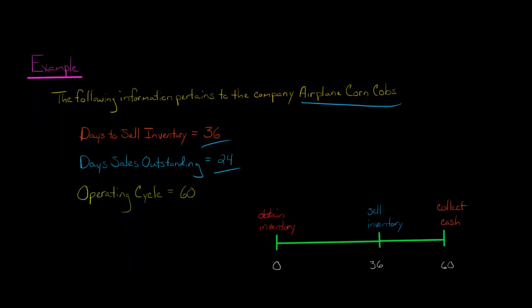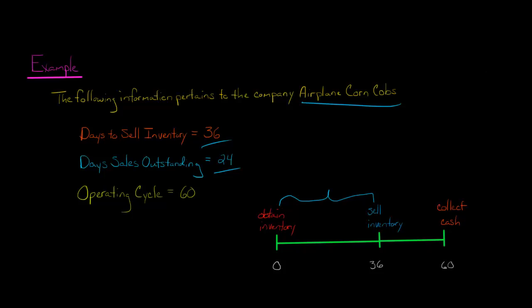So for Airplane Corn Cobs, let's say on day 0 they obtain the inventory. They get the corn cobs from the farmers, and then it takes them 36 days. So 36 days later, they actually sell the inventory. That's what days to sell inventory is, or sometimes you hear it called days inventory on hand and so forth.